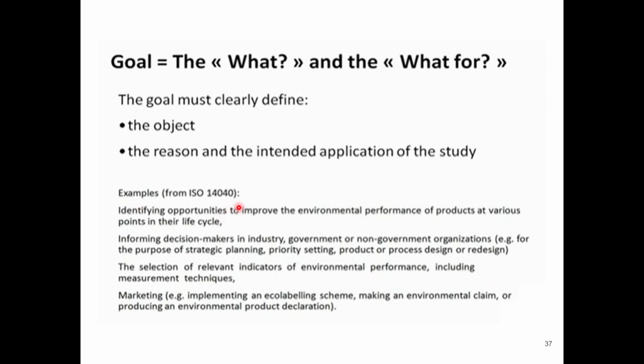Examples from ISO 14040 are identifying opportunities to improve the environmental performance of products at various points in their life cycle, informing decision makers in industry, government, or non-government organizations, for the purpose of strategic planning, priority setting, product or process design or redesign, the selection of relevant indicators of environmental performance, including measurement techniques, as well as marketing, that is, implementing an eco-labeling scheme, making an environmental claim, or producing an environmental product declaration. So these are some of the examples of how the goal must clearly be defined as per ISO 14040.